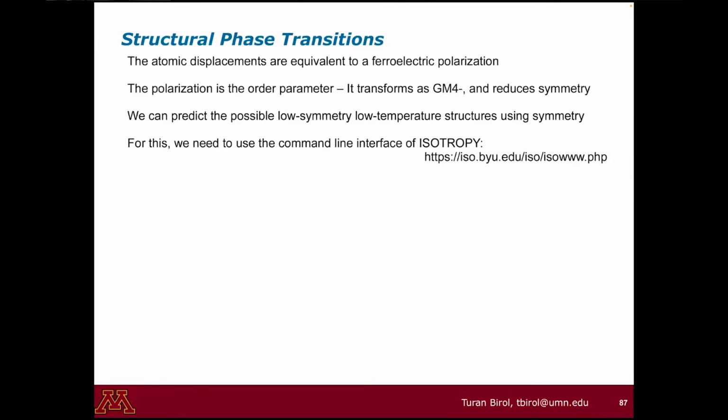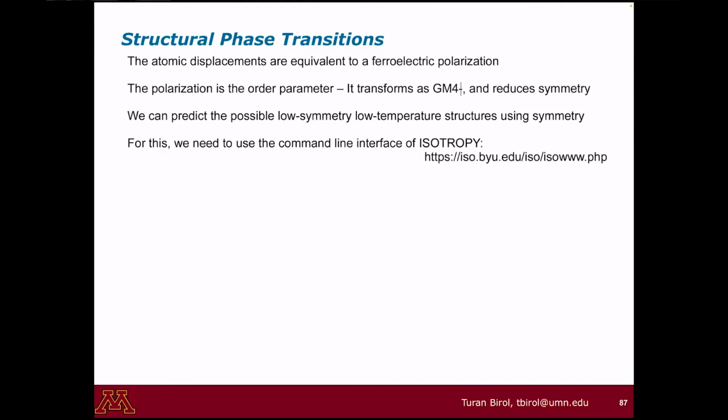So the state of our knowledge is that we know there are some atomic displacements that are unstable, that freeze in at lower temperature, that correspond to a ferroelectric phase, a ferroelectric polarization. We know that the order parameter of this transition is the polarization, the Gamma 4 minus phonon mode.